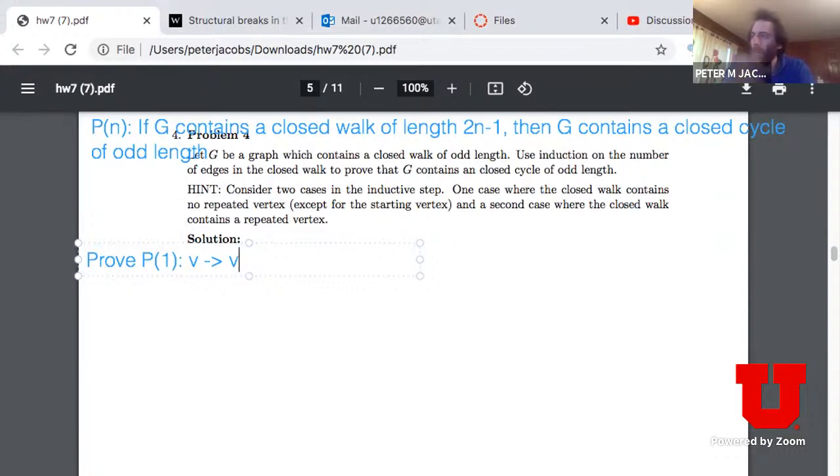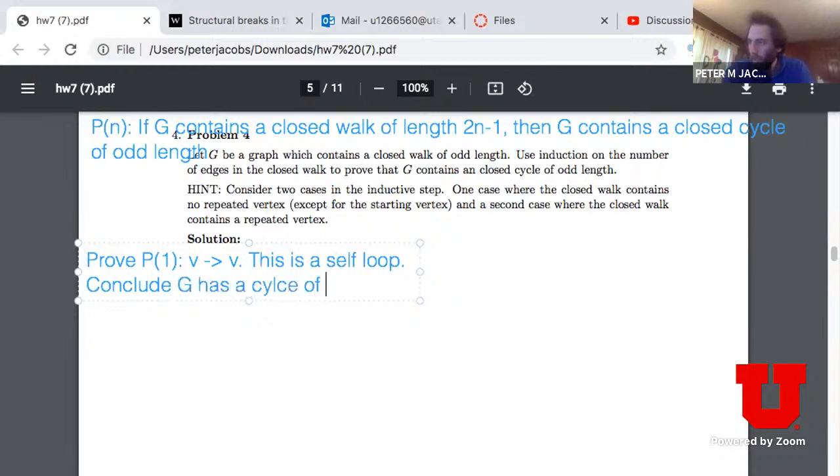So a closed walk of length 1 just goes from v to itself. That's a self loop. So we conclude that's a cycle of length 1. G has a cycle of length 1. Okay, and that's odd length, so done.